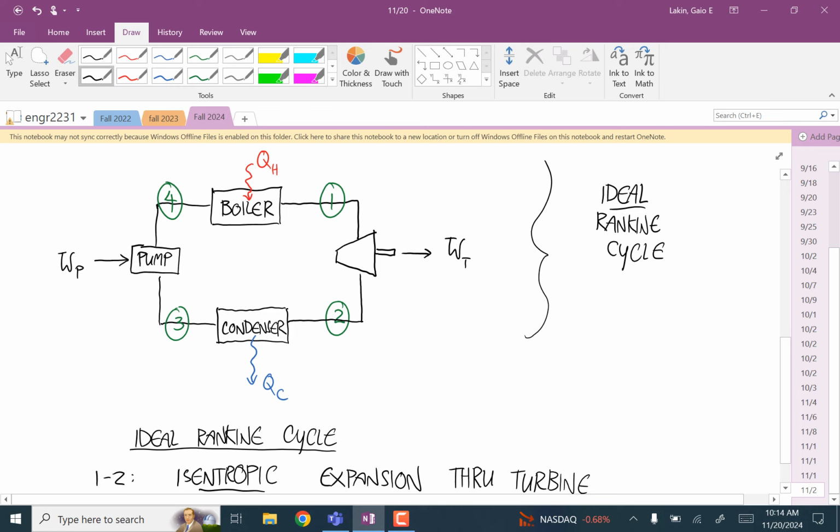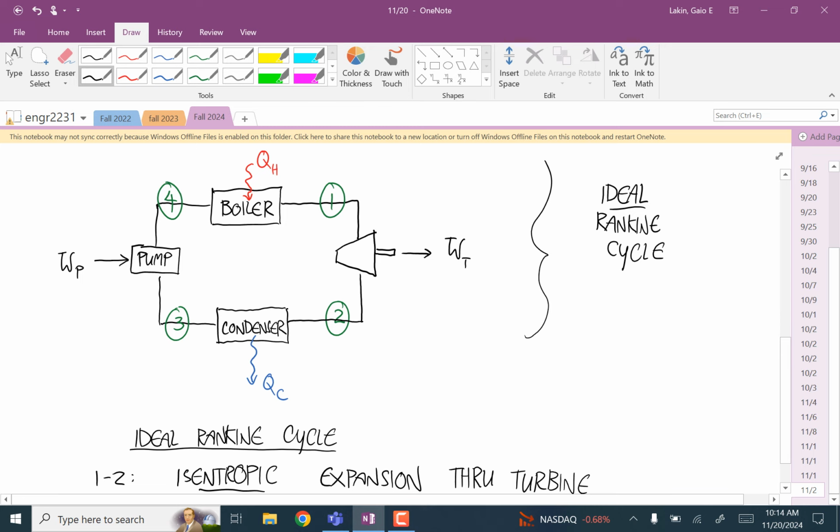And all of the arrows show the directions that we're going to call positive. So QH is coming into the system, QC is leaving the system, WT is going out. WP, this is the first time in talking about the power cycle we've ever thought about needing a pump.